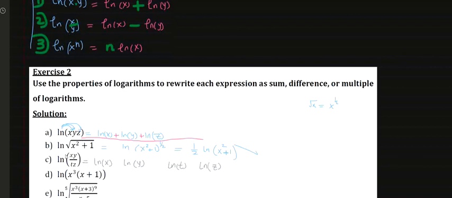Here, what's above in the numerator will be kept as positive. So we have ln of x times y will be ln x plus ln y. Of course, we might need to add an addition before the ln x, but there is nothing, no term is lying before it, so we don't need to add addition. We know when there is nothing before it, then it is a plus by default.